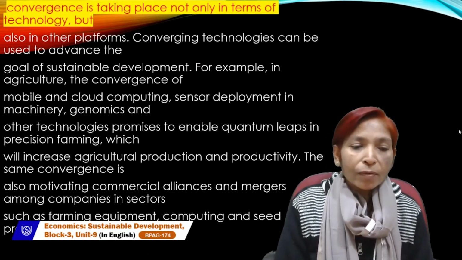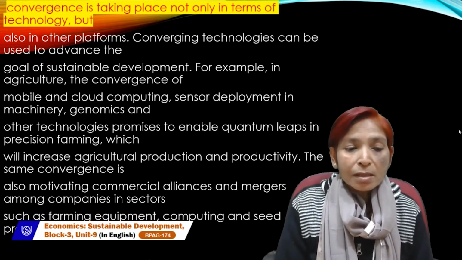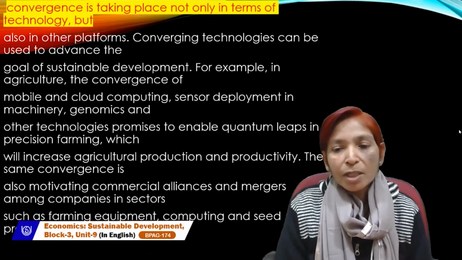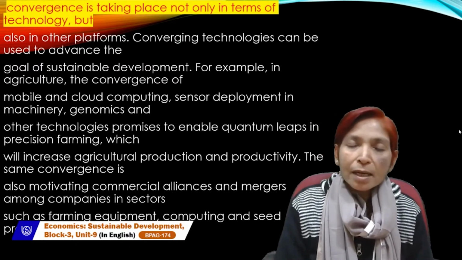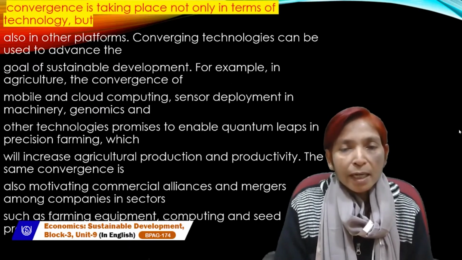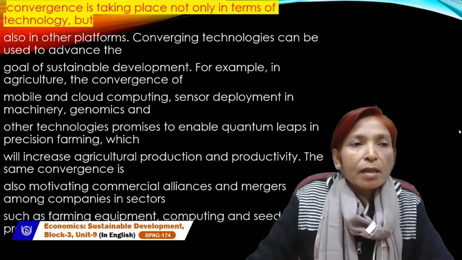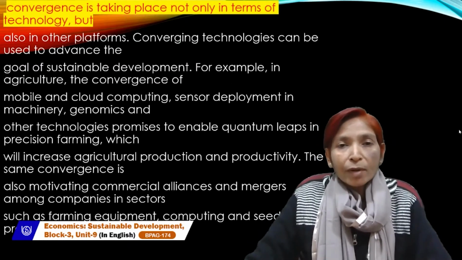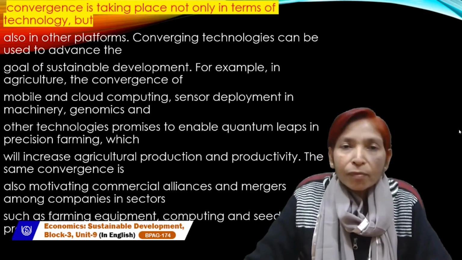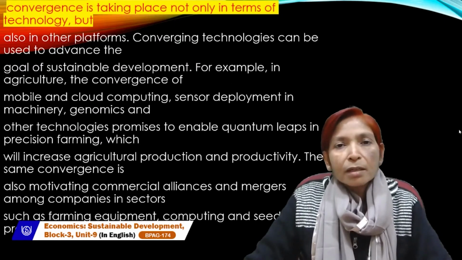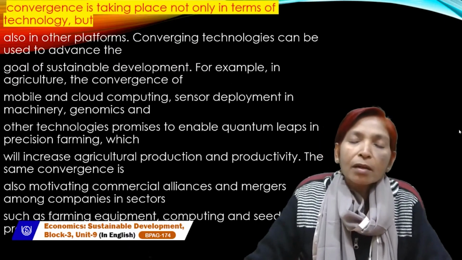Convergence is also necessary to motivate commercial alliances and mergers among companies in sectors such as farming, equipment, computing, and seed production. This is the main way in which convergence of technology is helpful in the achievement of green technology and sustainable development.